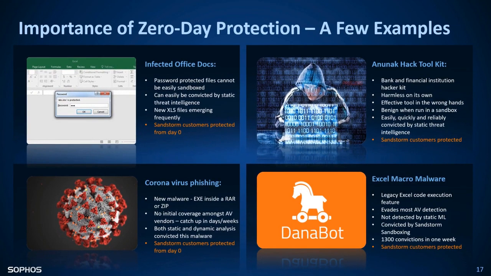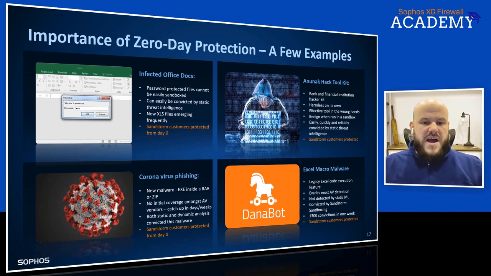This one is designed to be evasive of most AV engines. However, Sophos Sandstorm detected this variant and saw over 1,300 convictions in just 1 week. The bottom line is there are real and dangerous threats out there that are slipping onto networks unnecessarily because customers don't have the necessary protection.